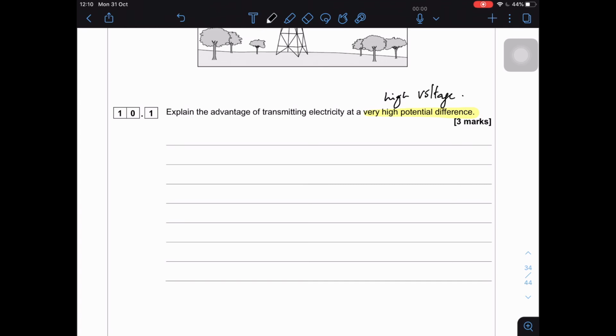This question is going to be there in almost all of your exam papers. So you have to memorize this. There are 3 points you need to mention. High voltage means low current.